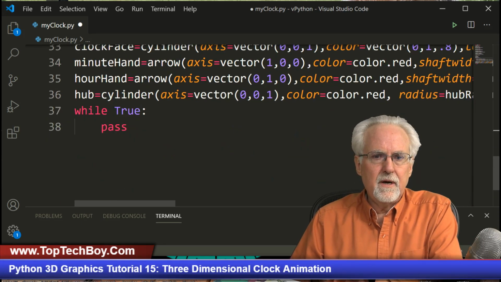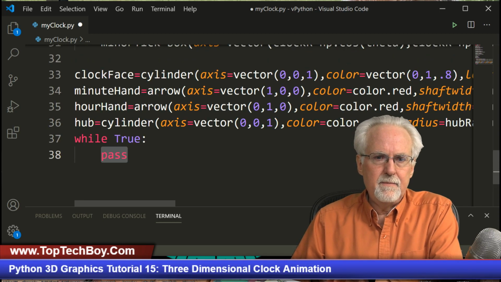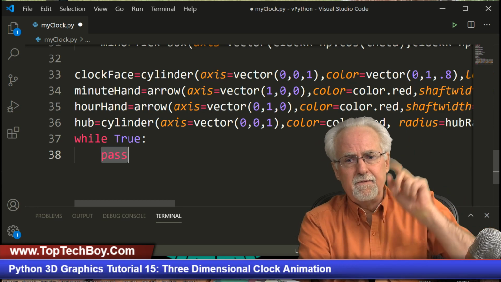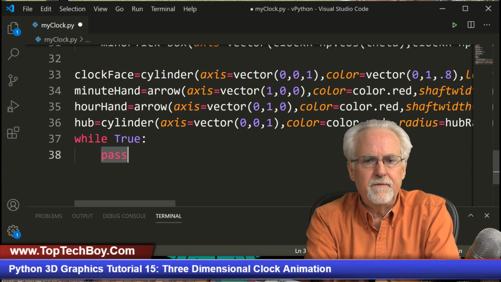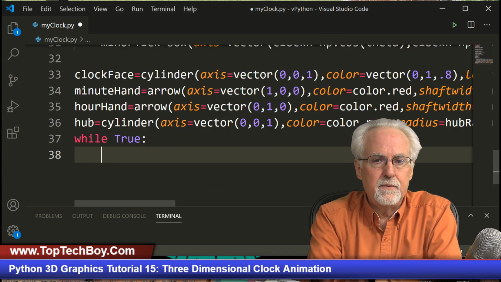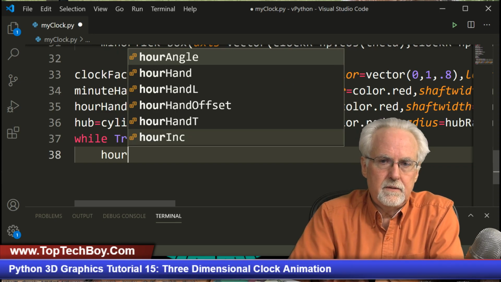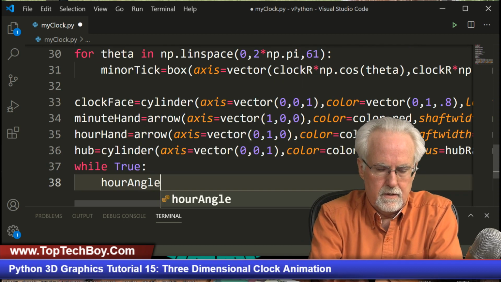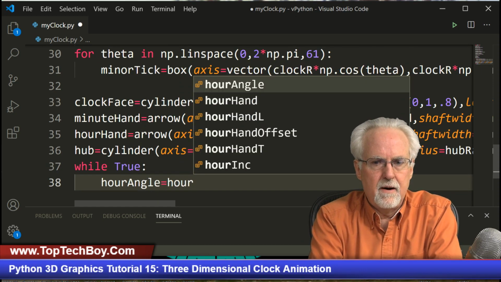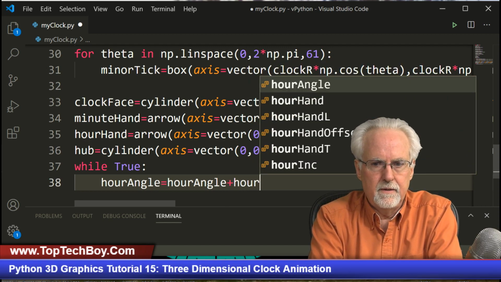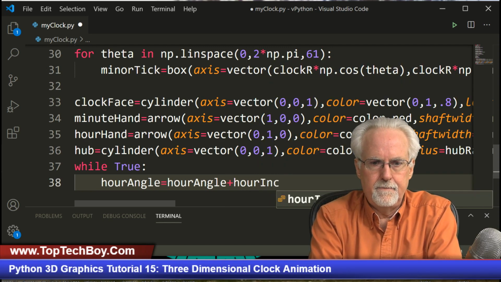Okay, so now we're going to come down here and see if we can animate these things. So what are we going to be changing? We're going to be changing that vector, right? And so first of all, let's go ahead and increment them. So hour angle is equal to hour angle plus hour increment, right?